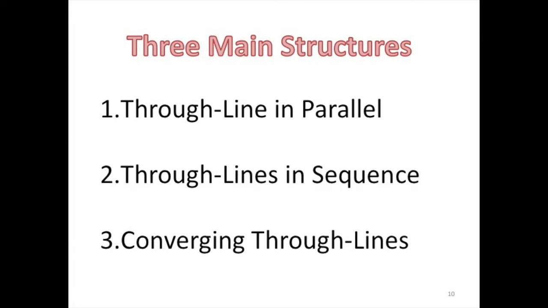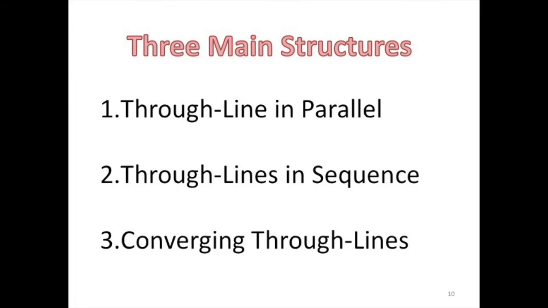So for my money, there's a difference between the plot or the dramatic structure of a story and the physical structure on paper. How do you arrange your chapters and your points of view to tell that dramatic story? And for me, you have through line and parallel, where you typically have a main character, the protagonist, and the whole story is told through that person's point of view, and they're typically in every scene.